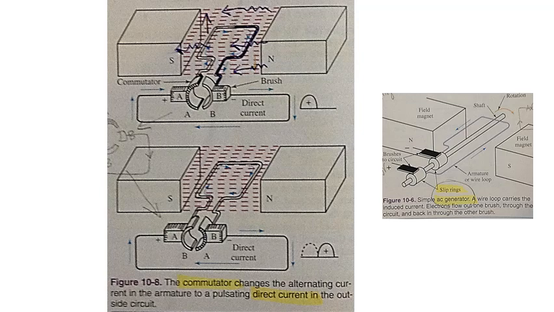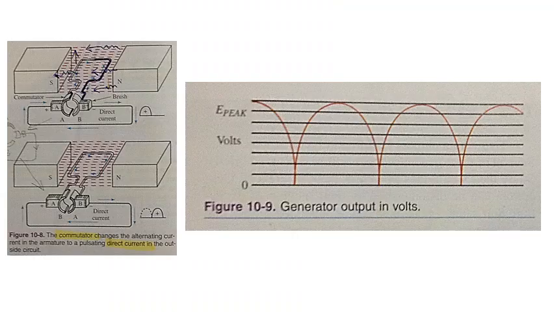In the DC generator, however, the alternating current in the armature is changed to a pulsating direct current. Note that the current in the outside circuit of the DC generator always flows in one direction. The output of the generator is shown in figure 10-9. The voltage rises and falls from 0 to a maximum to 0, but always in the same direction.